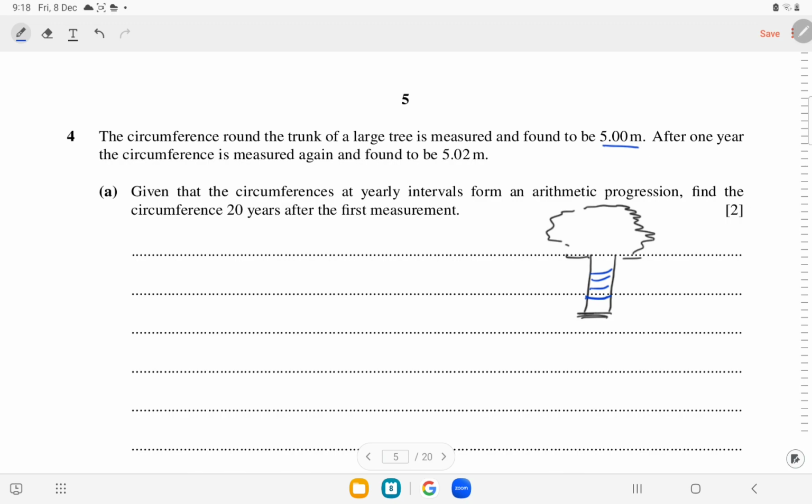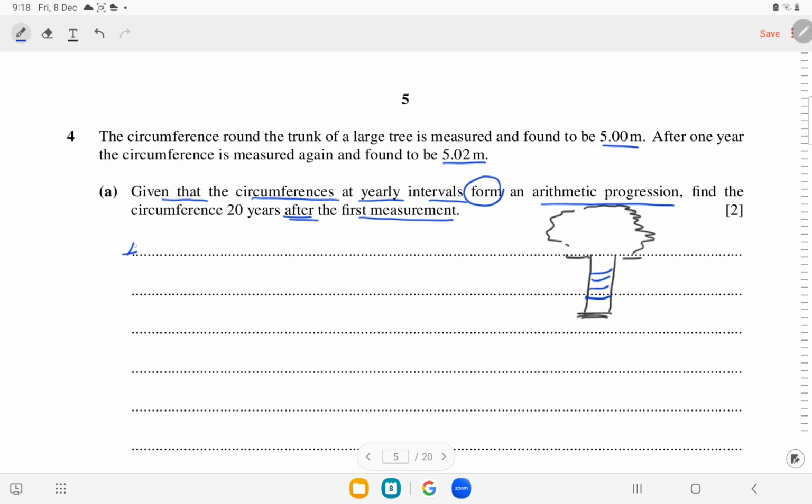After 1 year, the circumference is measured again and found to be 5.02. It means initially it was 5, and after 1 year it comes to be 5.02. Given that the circumferences at yearly intervals form an arithmetic progression, AP. Find the circumference 20 years after the first measurement.